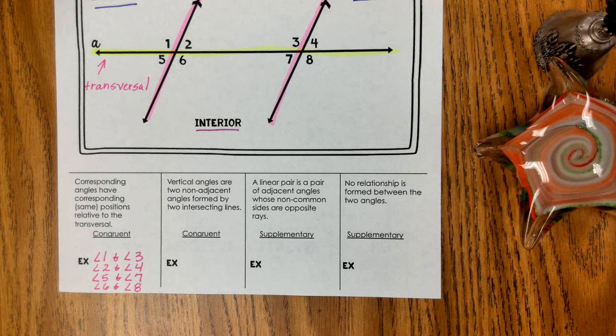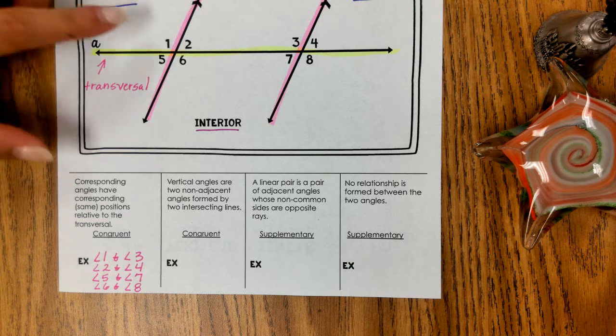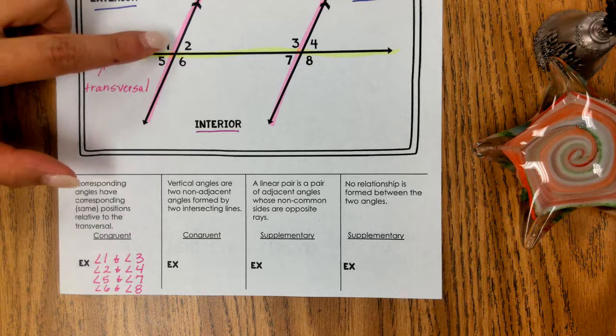Okay? We have vertical angles, which we've already talked about. We did that in the PowerPoint. Those are going to be angles that are across from each other. So what are going to be vertical angles in this picture? They're going to be across from each other. Example, 1 and 6.